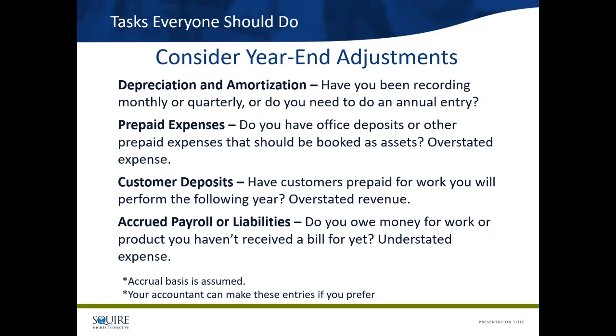If you have it all booked as a year as an expense for this year, then you've really overstated your expenses. And it does make a difference if you're accrual basis.